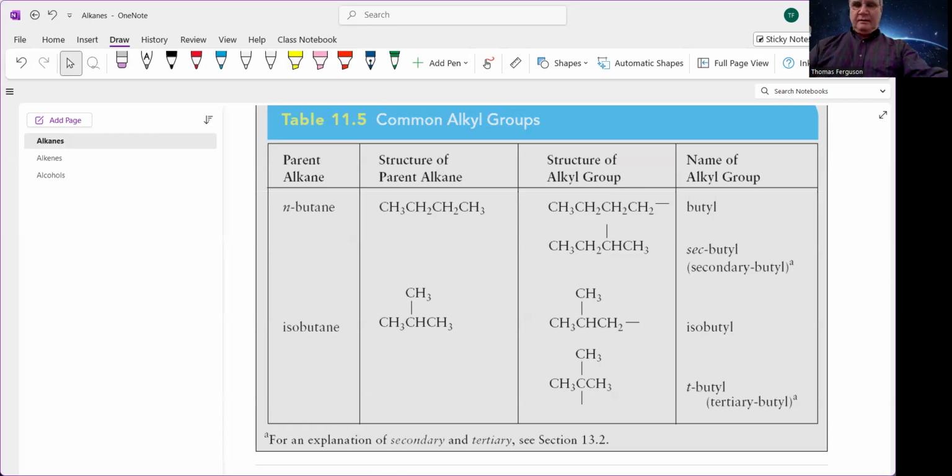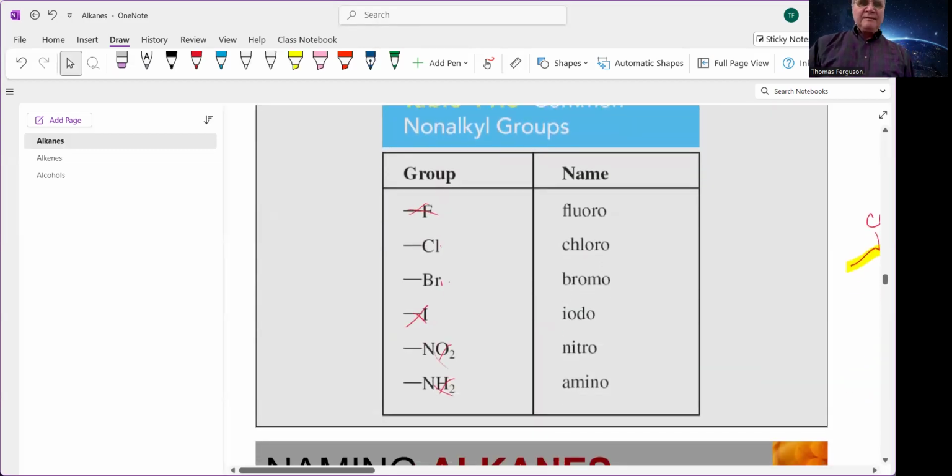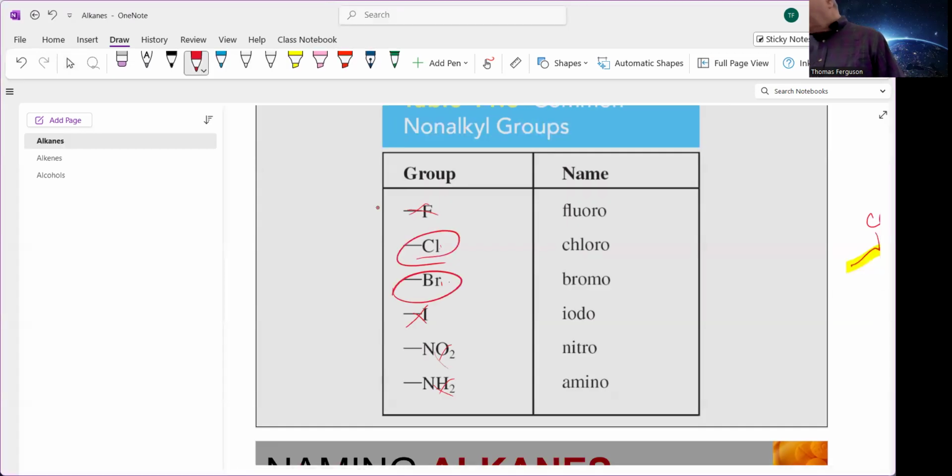Now again, I'm going to show you how all this fits together in a minute here. And then there are common branches that are not carbon necessarily related. These are the main two: chloro, bromo, more chloro than bromo. You'll see a lot of organic compounds with chloro in it. And then later, as we go into the term, we'll have nitros and aminos and some other things.